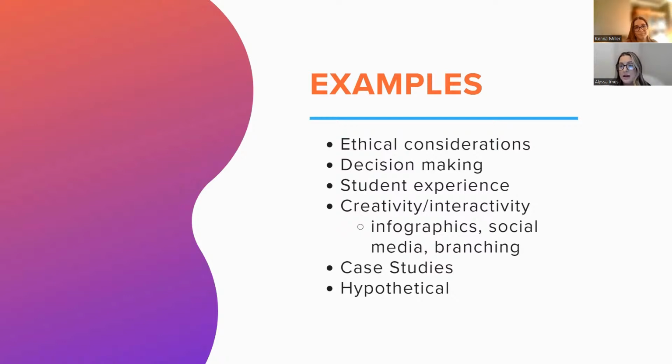Allowing them to be vulnerable with one another is another way that they're going to build those connections, which I think is really important because a lot of these students, as they go through their program, are going to see the same names and the same faces throughout their discussion posts in all these different courses. I think it's important that they build those connections and can even remember their peers' names as they move on through all these courses.